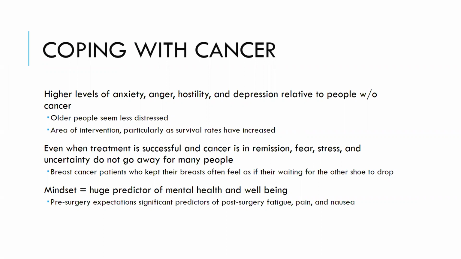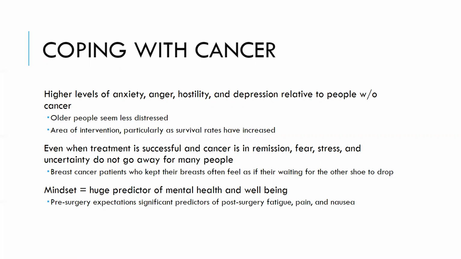So for example, we've got a young person, let's say a person with breast cancer. They are treated successfully, cancer is in remission, but frequently, even in this case, things like fear, stress, and uncertainty don't go away. Someone who opted for a lumpectomy, which is where just the cancerous lump is removed versus the entire breast or both breasts, may feel that even though they're cancer free, they're waiting for the other shoe to drop.